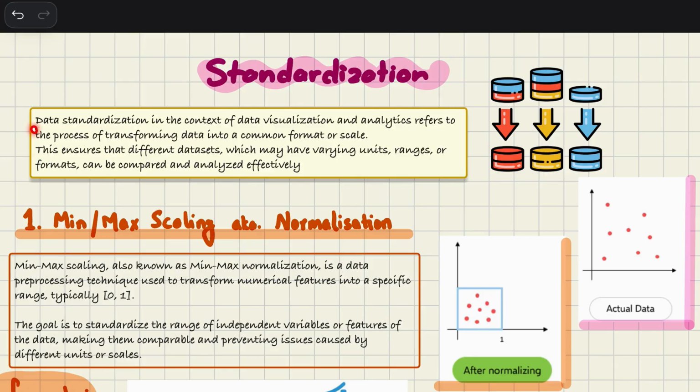Data standardization is the process of transforming data into a common format. It ensures that different data sets, which may have varying units and varying ranges, can be compared and analyzed efficiently. Let's understand with an example of an apple and an elephant.